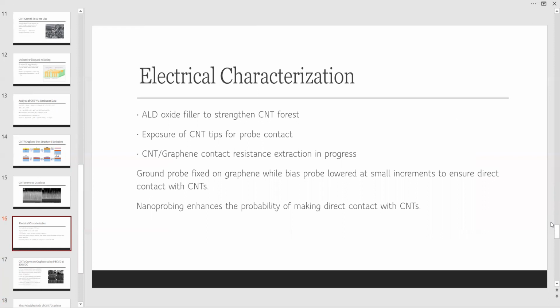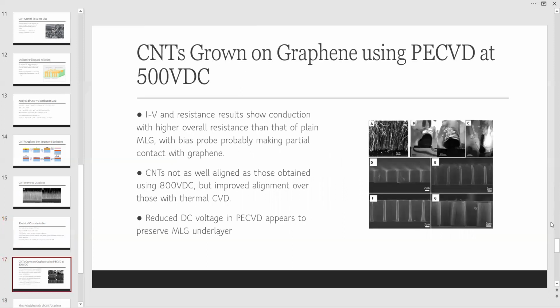Ground probe fixed on graphene while bias probe is lowered at small increments to ensure direct contact with CNTs. Nanoprobing enhances the probability of making direct contact with CNTs. CNTs grown on graphene using PECVD at 500 VDC.